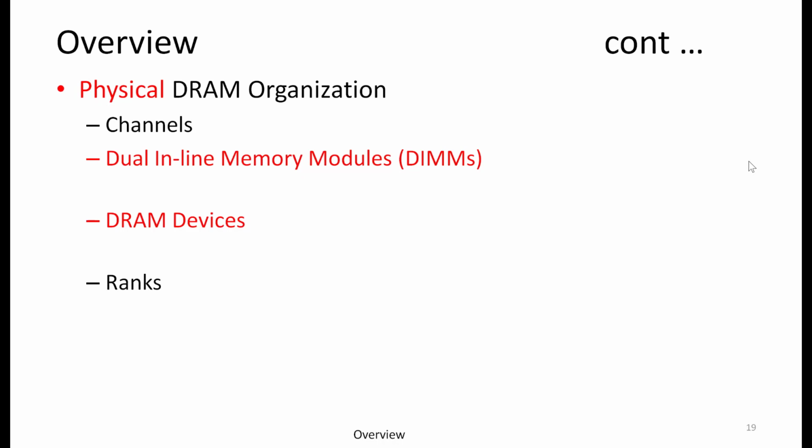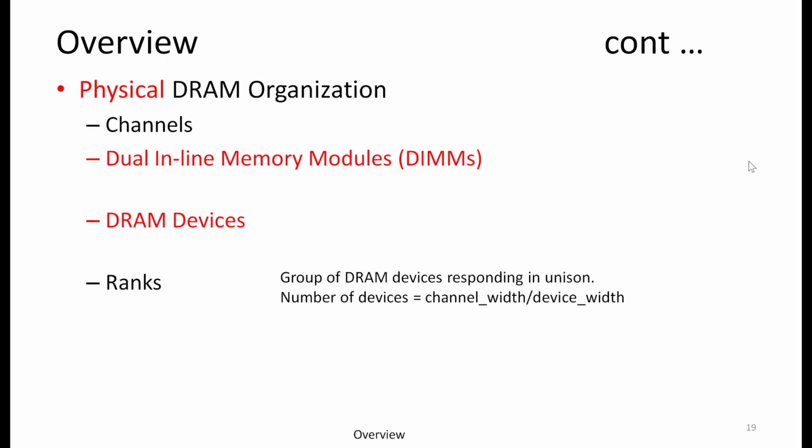The DRAM devices, when grouped, form what is called a rank. Now how many of these DRAM devices form my rank? It is determined by the channel width and the device width. Device width we already saw, it can be 4 for an X4 device, 8 for an X8 device, and so on.